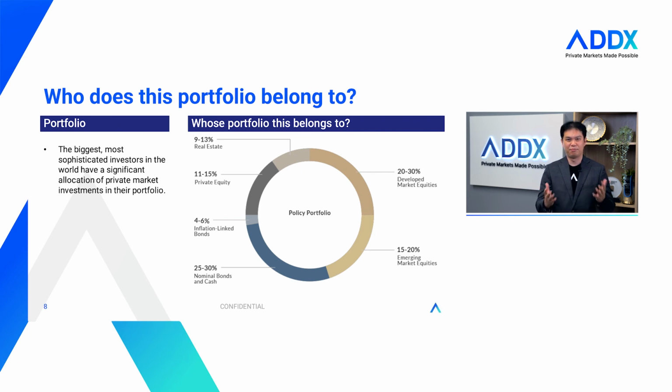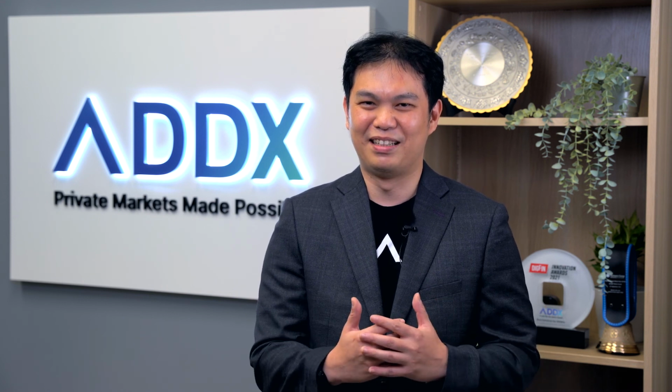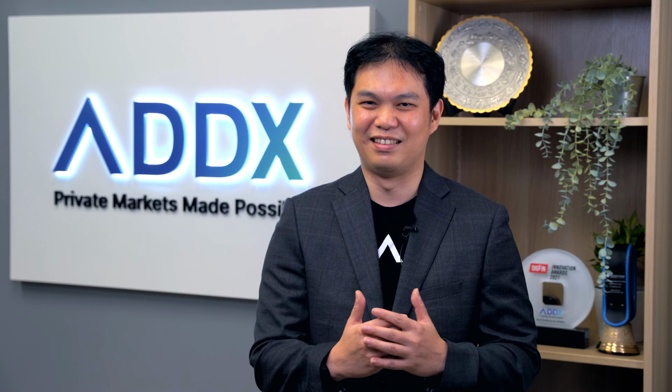Even for individuals with private bank accounts, not all private banks have a well-stocked shelf of private market products that investors can invest in. This is a consequence of how market infrastructure supporting private market investments has evolved over the years. But in the next video, we shall see how technology is bringing about new ways of accessing private market investments in smaller bite sizes.